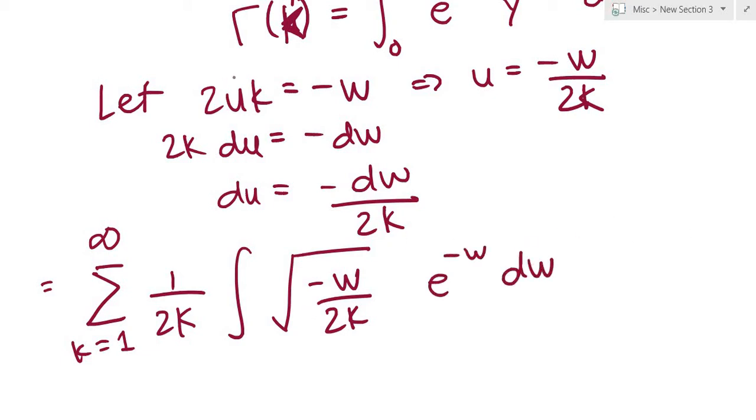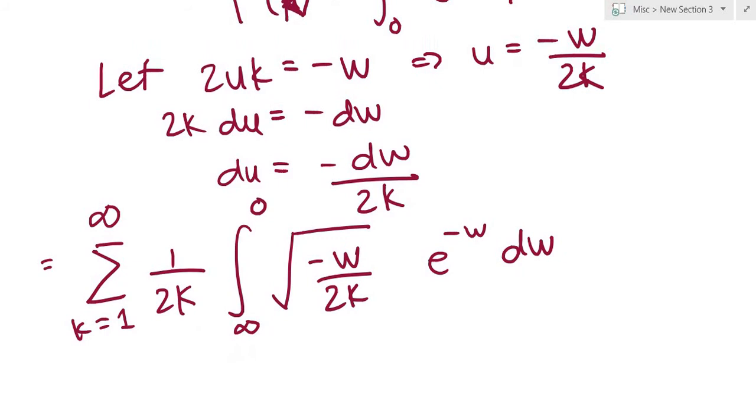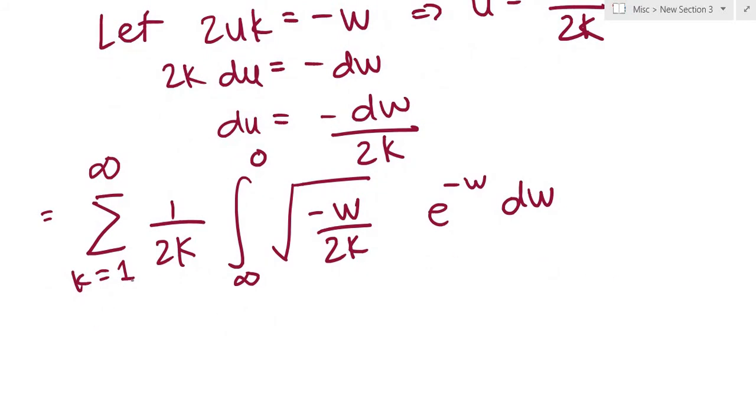So when u is negative infinity, w is infinity. When u is 0, w is 0. So there we go.